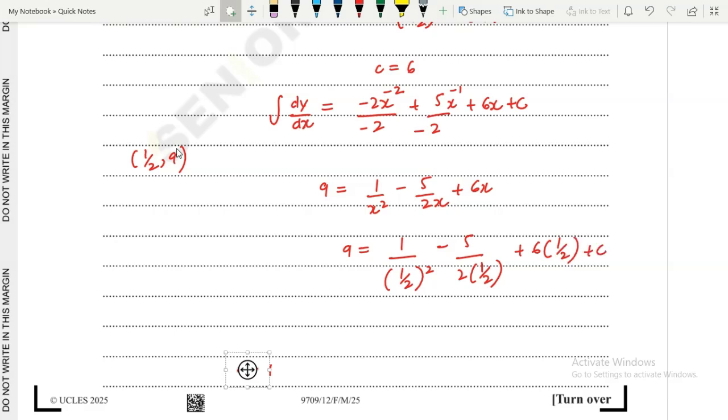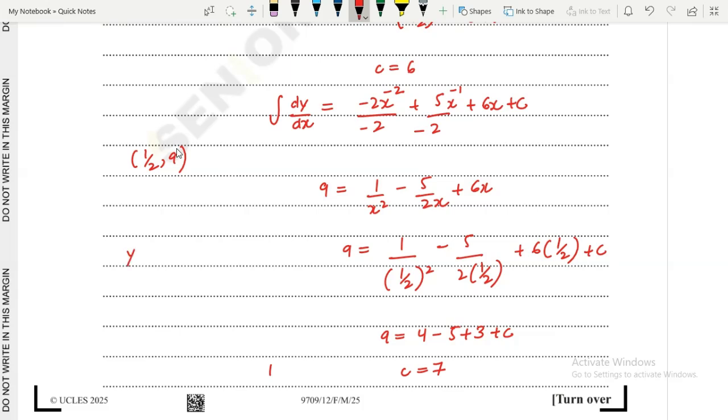Let's calculate this, it becomes 9 is equal to 4 minus 5 plus 3 and plus c, it is going to become minus 2, minus 2 plus 4 is plus 2, and then plus 2 is going to move to the left hand side to give us c equal to 7.